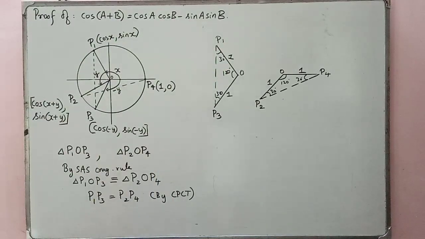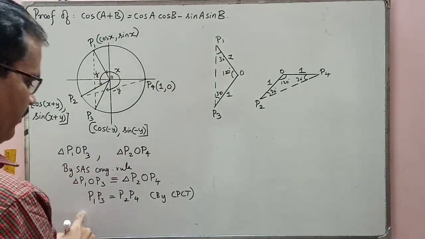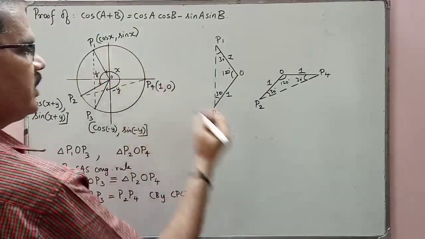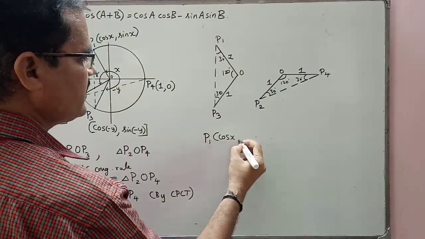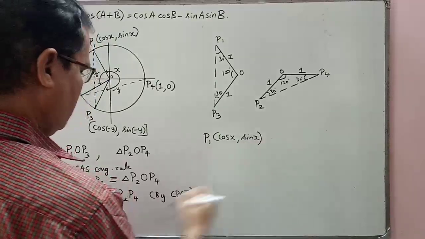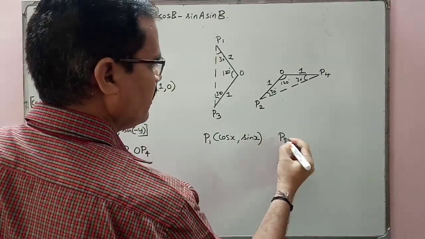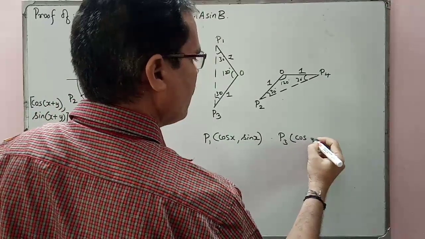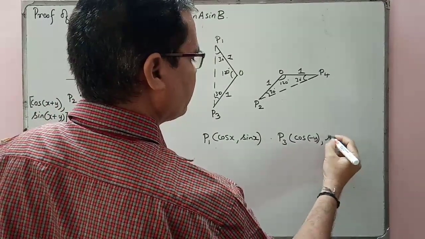Now P1 P3, we will find the distance. What are the coordinates of P1? The coordinates of P1 are cos x, sin x. What are the coordinates of P3? Yes, cos of minus y, sine of minus y.